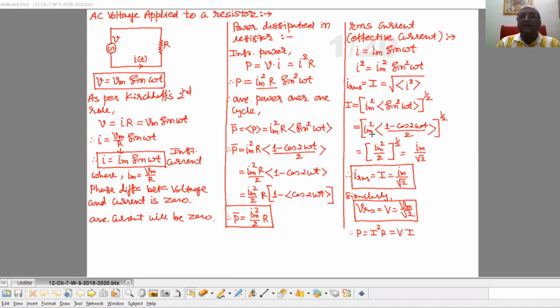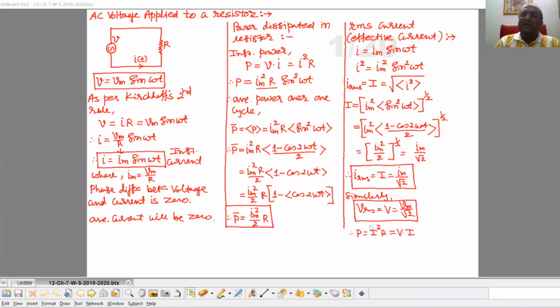Again we can write Im square, average of 1 minus cos 2 omega t by 2, because sin square omega t is 1 minus cos 2 omega t by 2. So Im square by 2, and the average of cos 2 omega t is 0. So simply we can write IRMS, or effective current capital I, is Im by root 2.